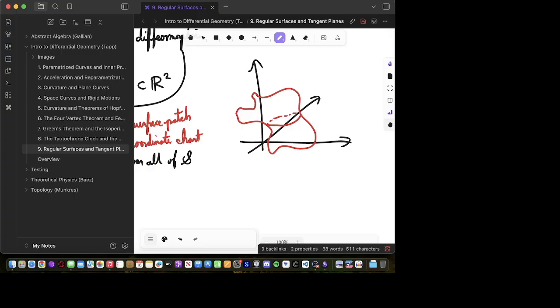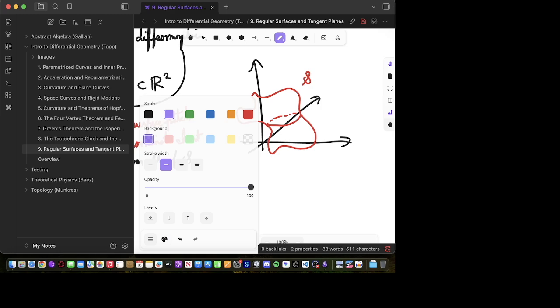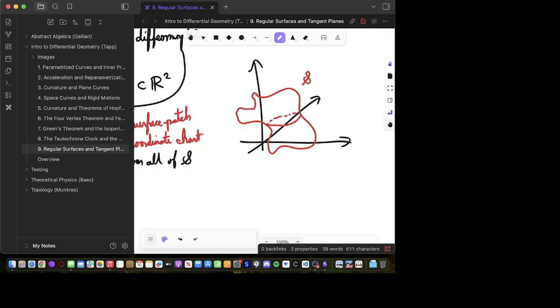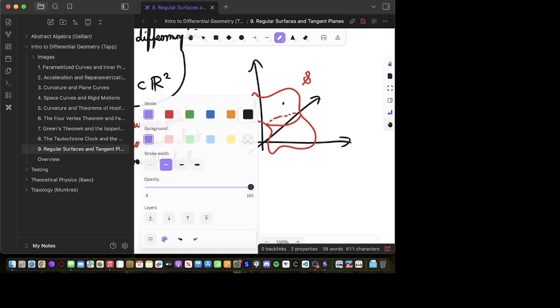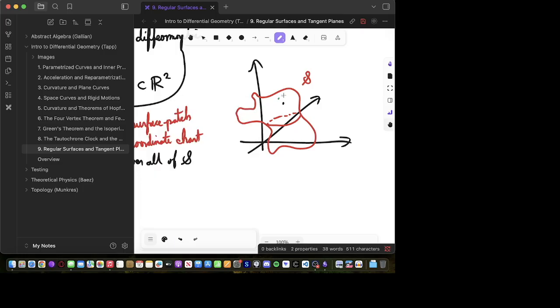This is our regular surface, S. Actually, let's not make it 3D.